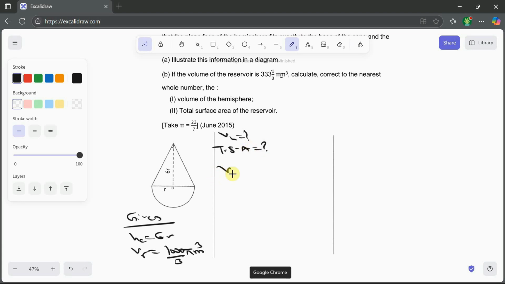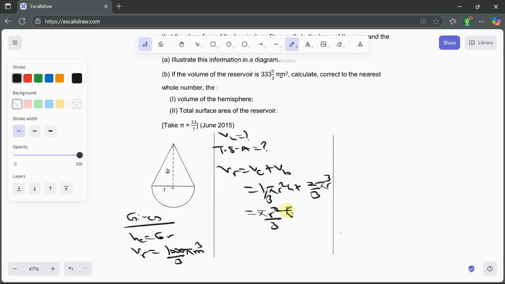The volume of the reservoir would be the volume of the cone plus the volume of the hemisphere. Volume of cone is 1 over 3 pi r squared h plus volume of hemisphere is 2 over 3 pi r cubed. If I factor out pi r squared over 3 from this, that will give me h, then plus 2r.